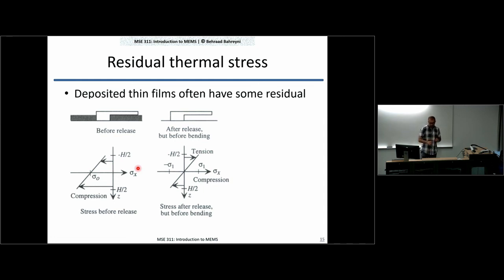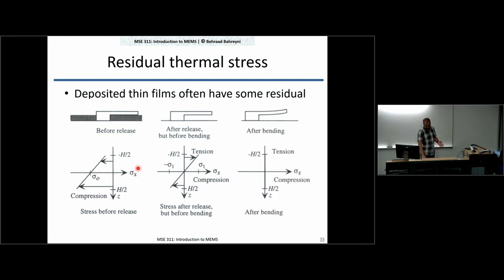However, that stress gradient also wants to zero itself. And when it does, you will have a bent structure. So for the stress gradient to go away, this structure will have to bend out of plane. And that creates problems in some situations. Your device is not staying in plane anymore. And therefore, we have to make sure that we're managing the stress in these structures as well as we can.